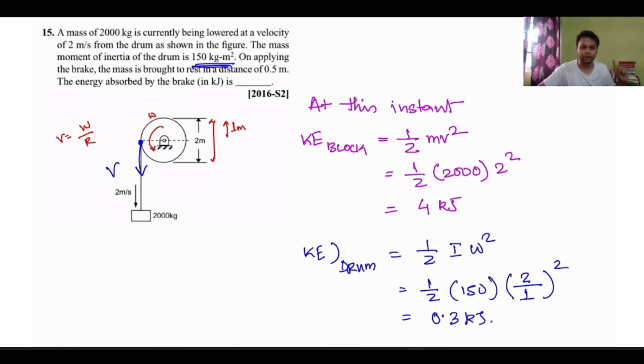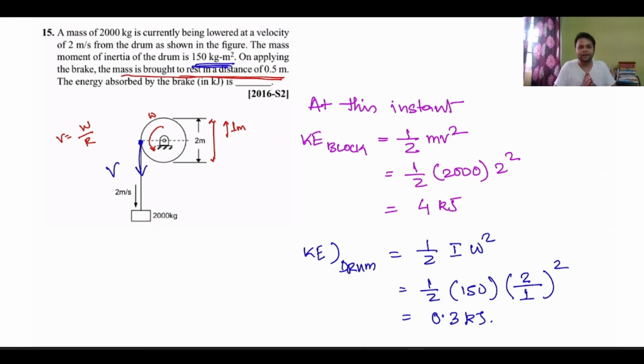The mass is brought to rest in a distance of 0.5 meter. So basically the mass has traveled a distance of 0.5 meter before it is brought to rest. If it comes down by 0.5 meter, there will be a decrease in potential energy, and by conservation of energy, the decrease in potential energy is the gain in kinetic energy of the system.